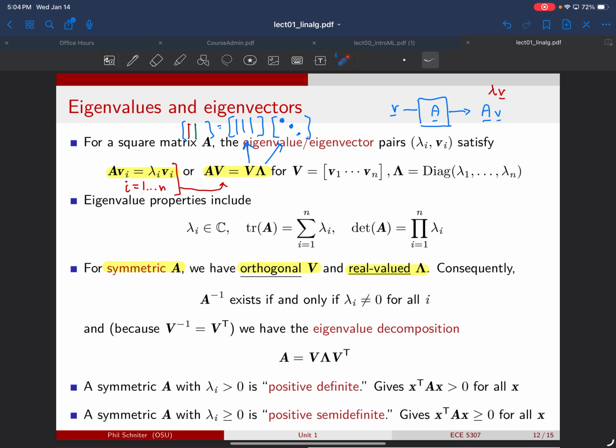And also, because of this orthogonality property, we know that the transpose equals the inverse. We can basically multiply things on the right by V inverse, and we have this special eigenvalue decomposition for symmetric matrices. This definitely shows up a lot, for example, when we talk about PCA.